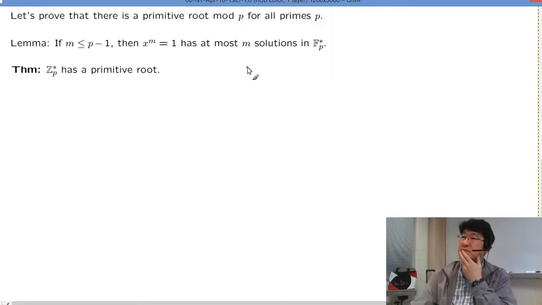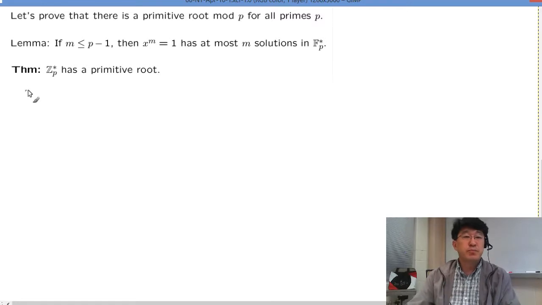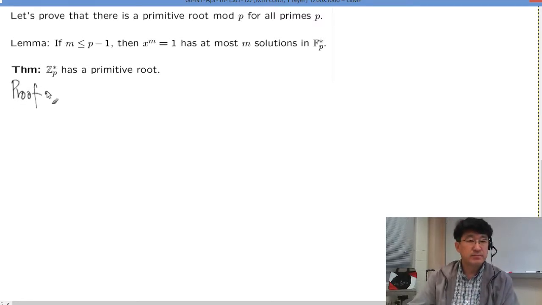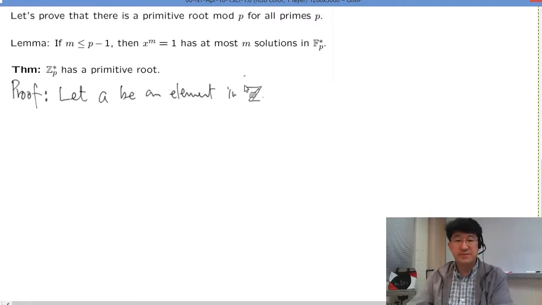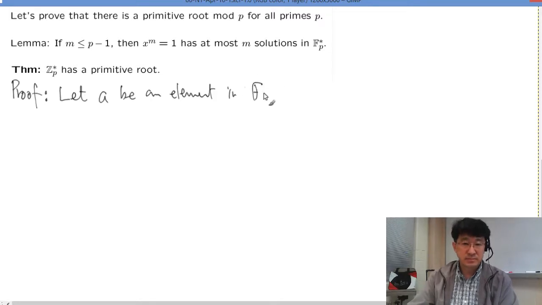That makes sense. Good. So the proof of this theorem goes like this. Let A be an element in G_p star, which is F_p star now, with the largest order.